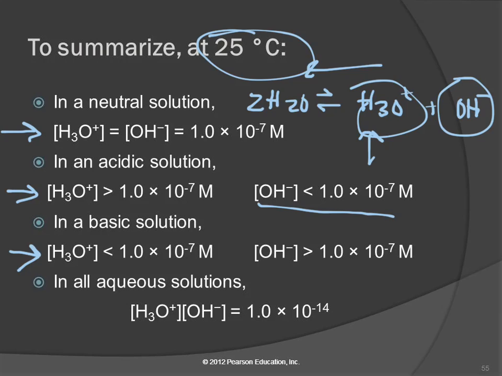But what is true in all aqueous solutions is this equilibrium expression. And so from this expression, we can see that if this hydronium ion concentration were to increase, then the hydroxide ion concentration would have to go down for this expression to remain true. Because if one goes up, the other has to go down.